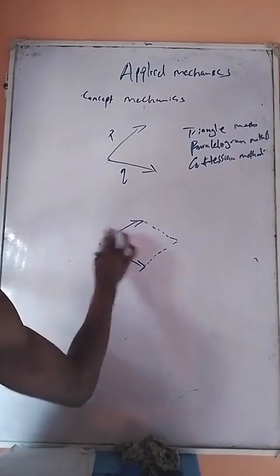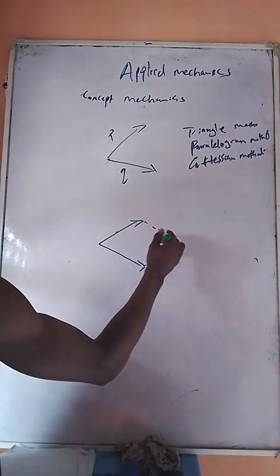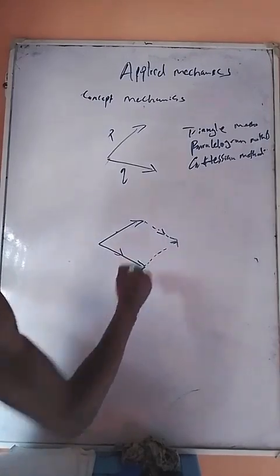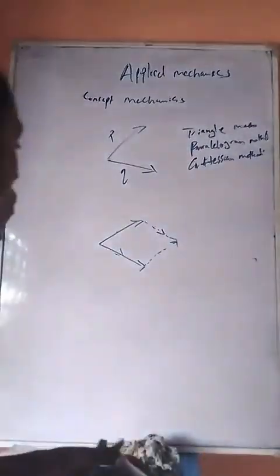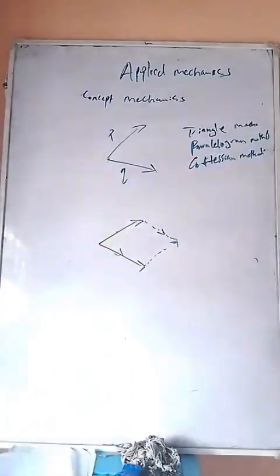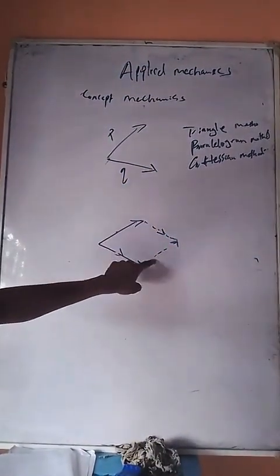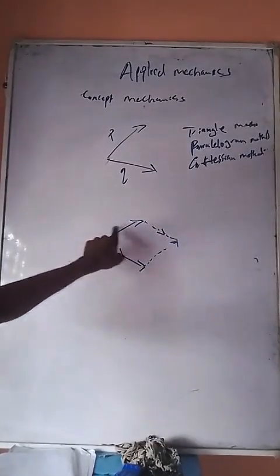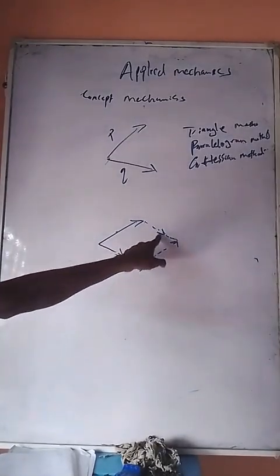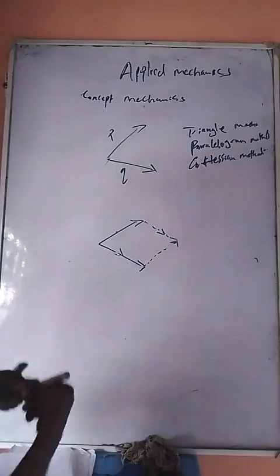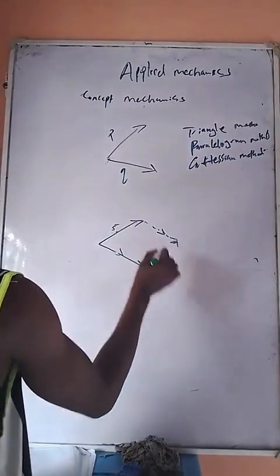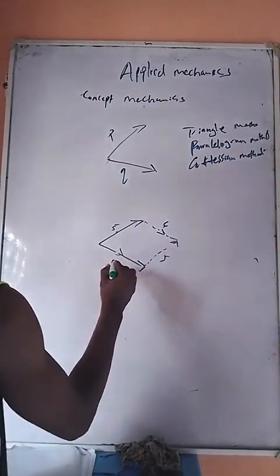A parallelogram is a quadrilateral in which the two parallel sides are equal. This one is parallel to this and equal to this. This is parallel to this and equal to this. So if I have 5 here, that means I have 5 here. If I have 6 here, that means I have 6 here.